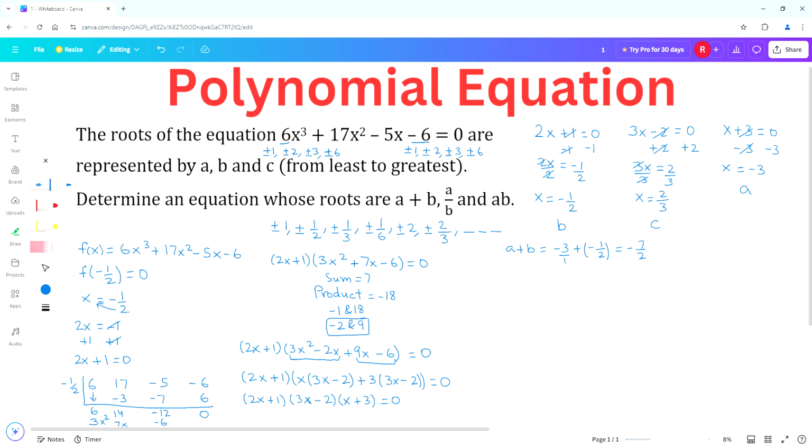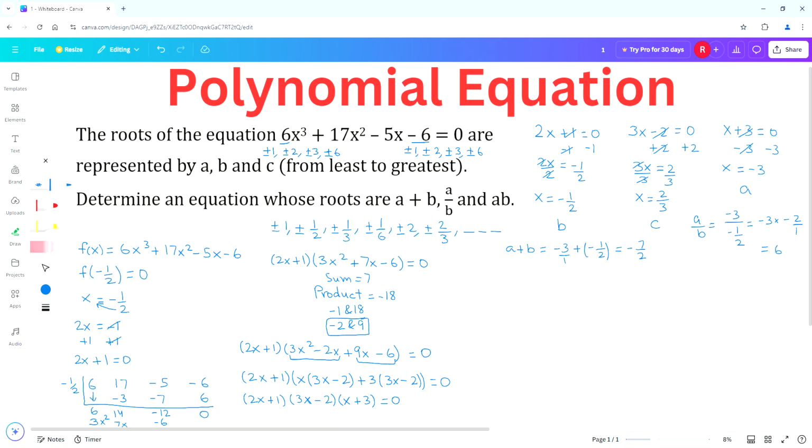The next root is a over b. Negative 3 divided by negative 1 over 2 is equal to positive 6 because we have to flip the bottom fraction and multiply it by negative 3. This is the second root.